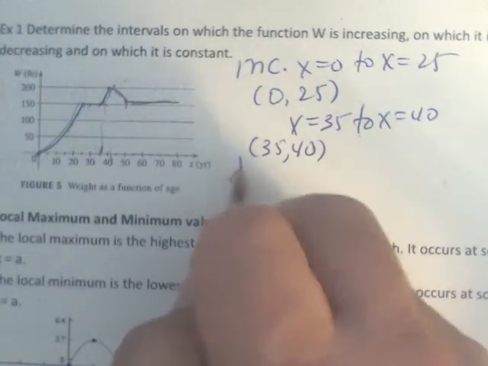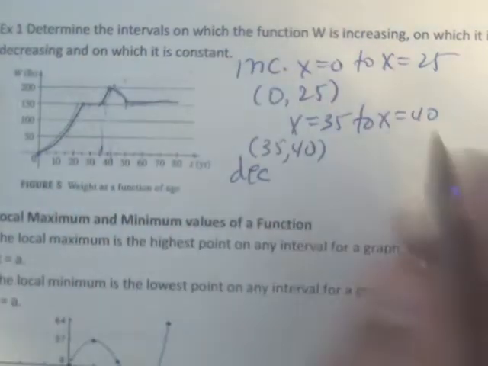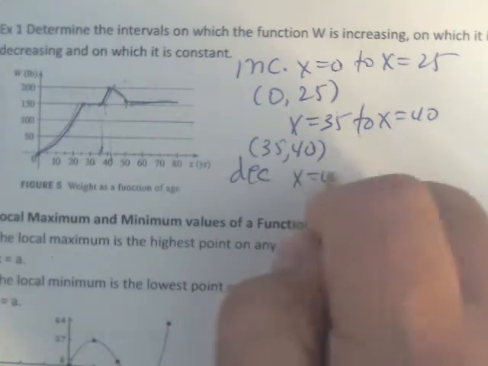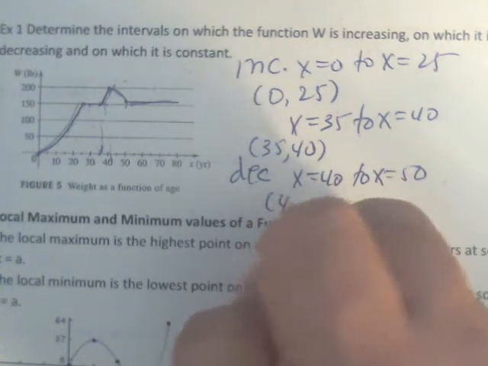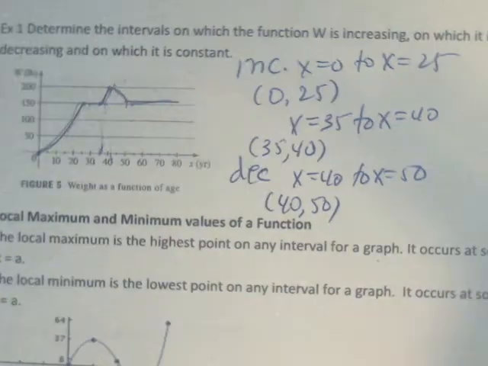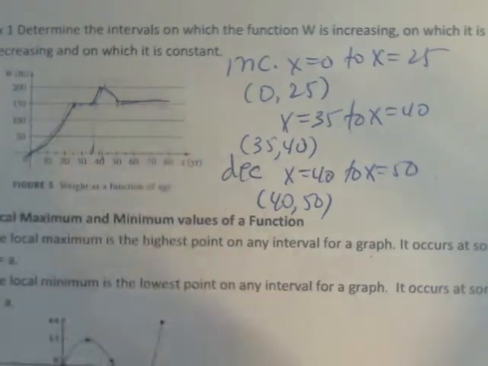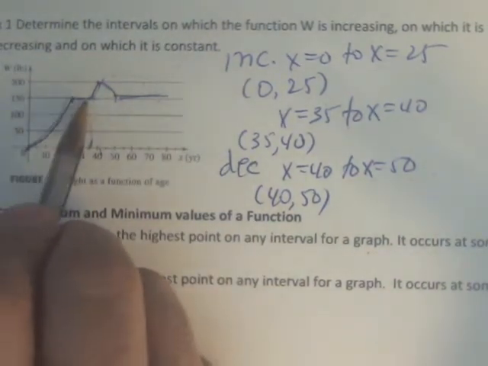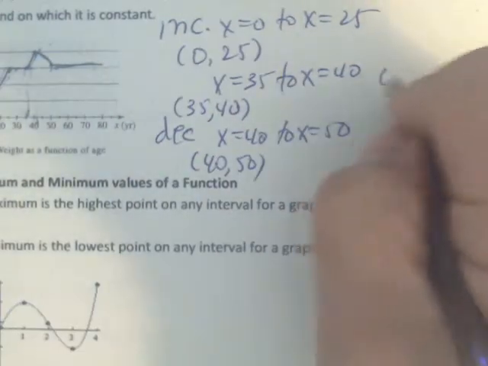Now we're decreasing from what looks like 40 to 50. These other two areas are constant. So we're constant from x is 25 to x is 35. Well, if I got room for that here, we'll find room.